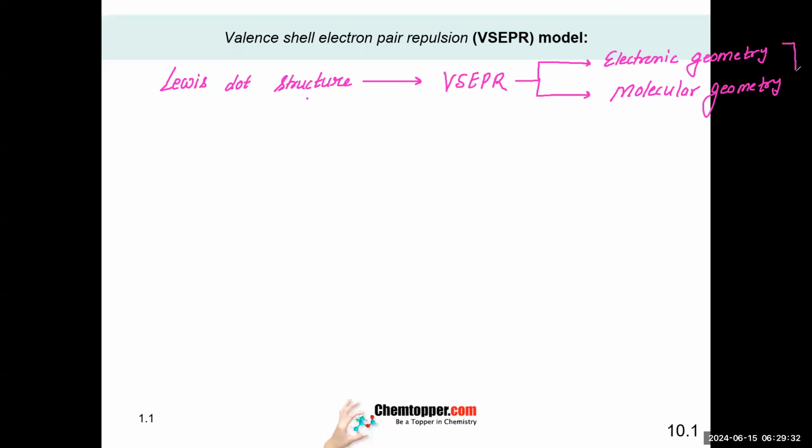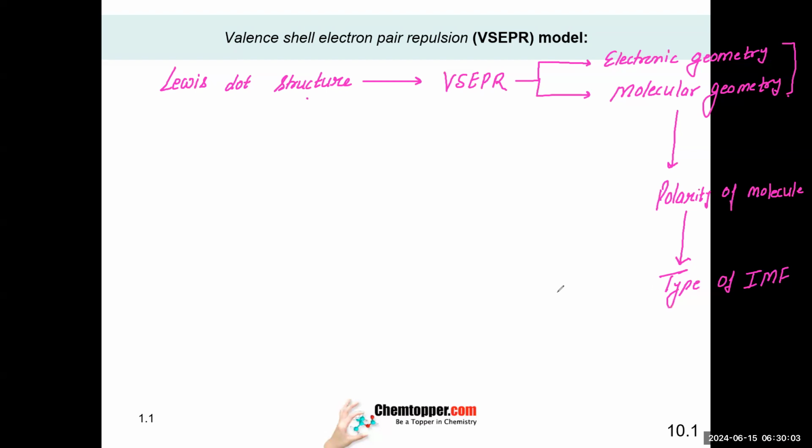Once you have decided these two, then you are going to decide the polarity of the molecule. Molecule is polar, non-polar, like this. Once the polarity of molecule is decided, then you are going to decide the type of intermolecular forces of attraction, IMF.